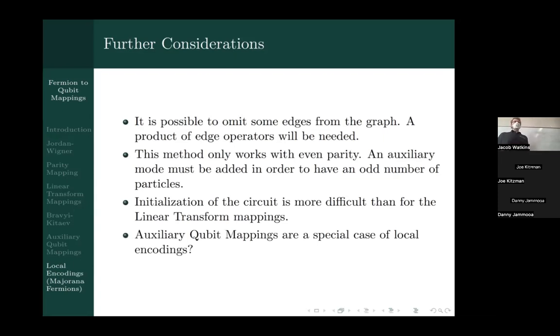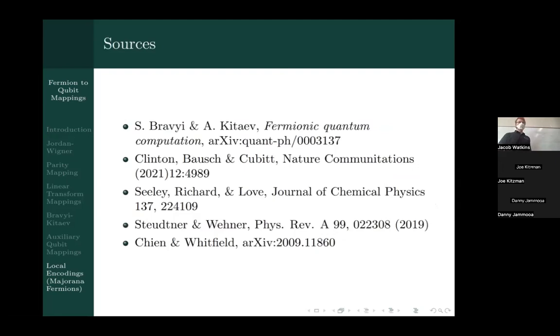And the paper I was getting a lot of that from claims that the auxiliary qubit mappings are actually a special case of the local encodings using Majorana fermions, although they don't really provide an explanation. So I might try to understand that more. But it's very interesting how this completely different picture might actually be describing everything that we'd already thought about. And thank you for attending, and here are the most useful resources that I consulted in preparing this presentation.